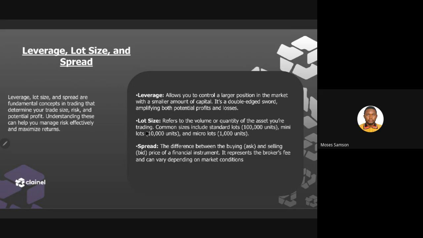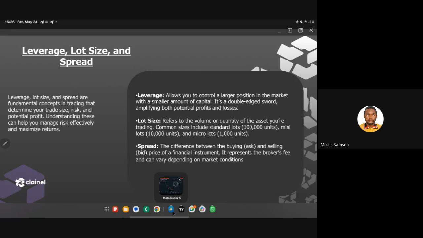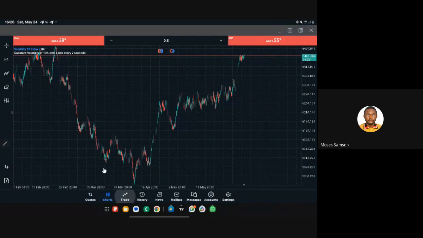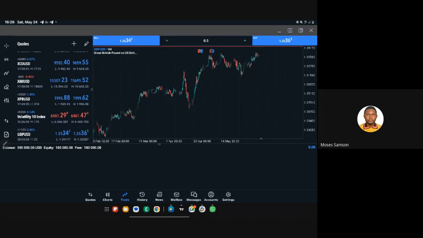So now we leverage the lot size with our margin to be able to open a trade. If you want to open a trade with 0.01 lot size, your margin gives you leverage to open a position of $1,000. And in the Forex markets, let's say the GBP USD, price actually moves in pips.